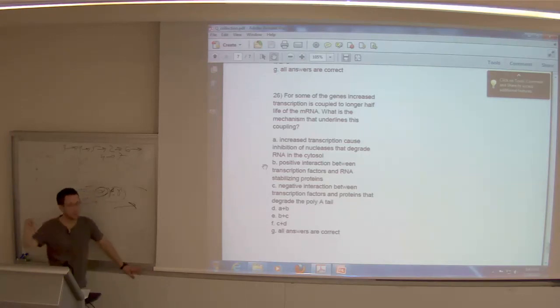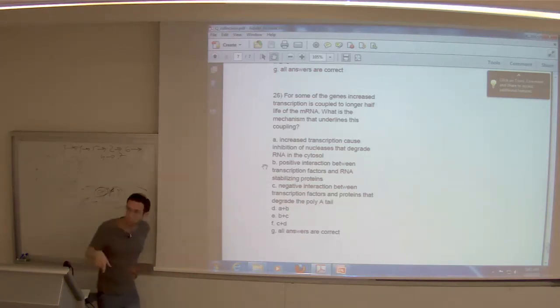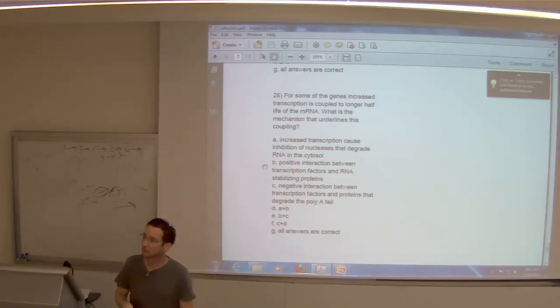I did not go into the details of how they are coupled, but we did say that they are coupled positively. You have more transcription factors, which cause more rapid transcription, and you will have a more stabilized messenger RNA that lives longer due to BPBPI, the stabilizing messenger RNA molecules.